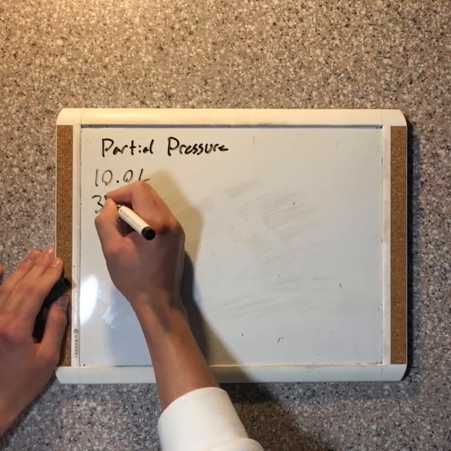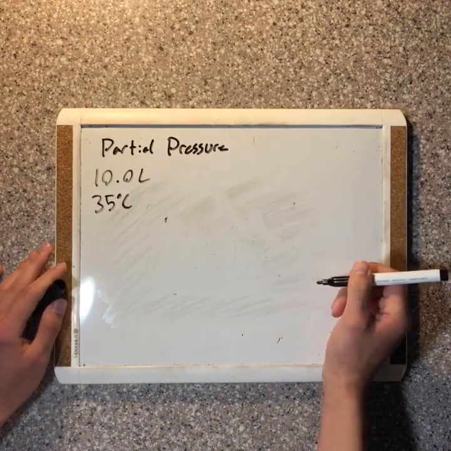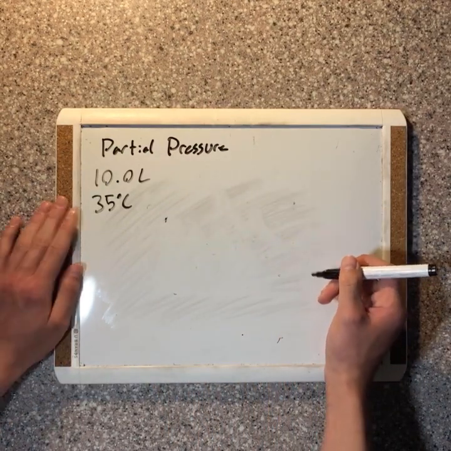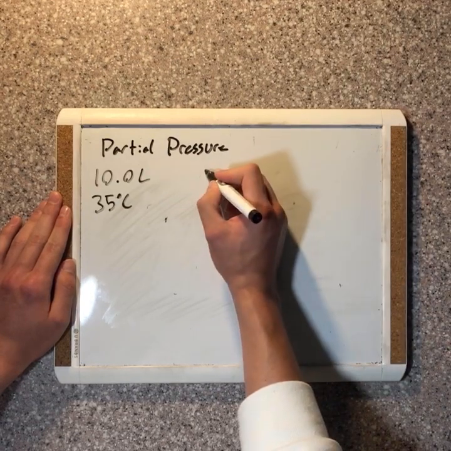So there's another useful thing, 35 degrees Celsius. All right, and let's go ahead and write out the 3 moles that we're dealing with.